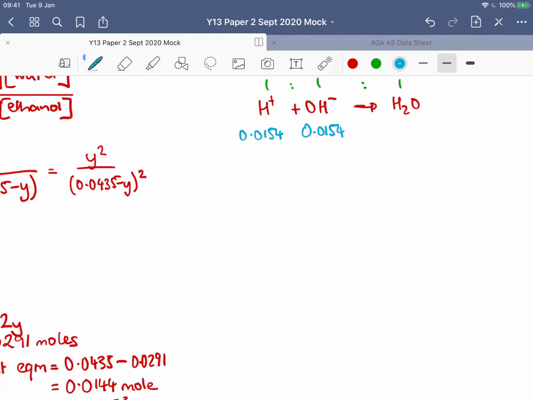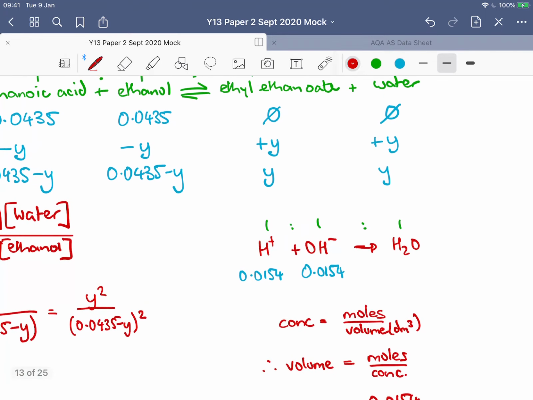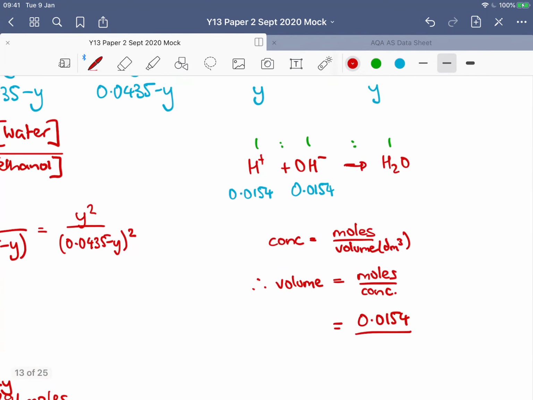So concentration equals moles over volume in dm cubed. So therefore, volume equals moles over concentration. And the number of moles is 0.0154, and the concentration is 0.400.